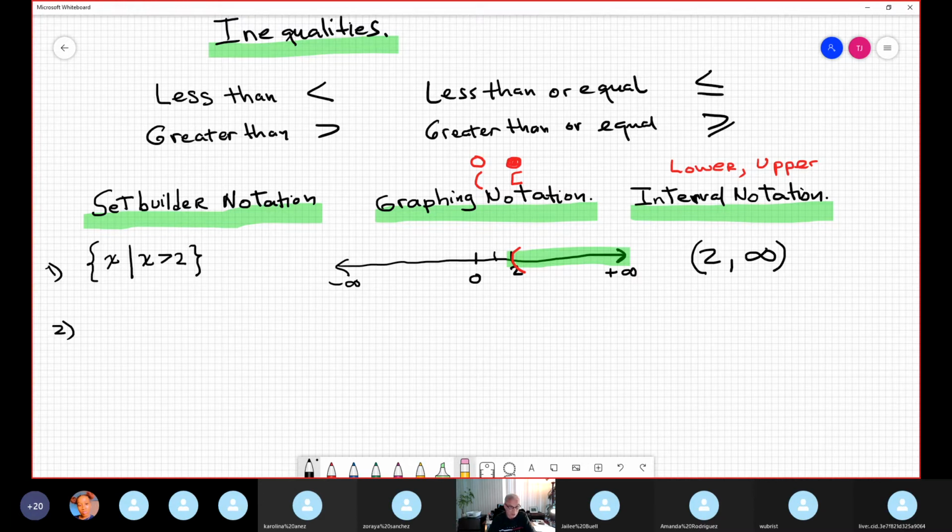Another example in set-builder notation is, I declare the variable y, now y, okay, I change x, y, such that y is less than or equal to -1.